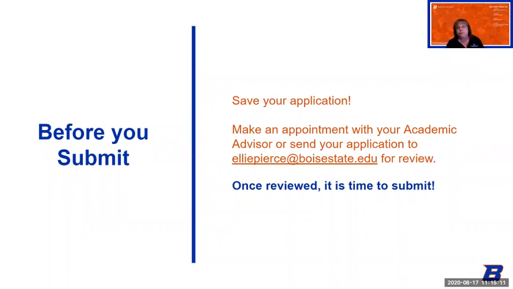That will cause your application to come to me. I'll review it. It might take me a day or two. I promise I'm not ignoring you, but I will review it and let you know if anything needs to be altered. Usually this is a pretty straightforward application, and you're just going to get an email back from me that says, looks good, go ahead and submit. Okay.